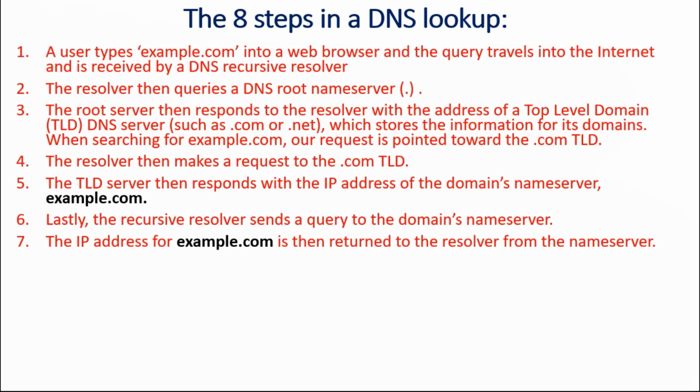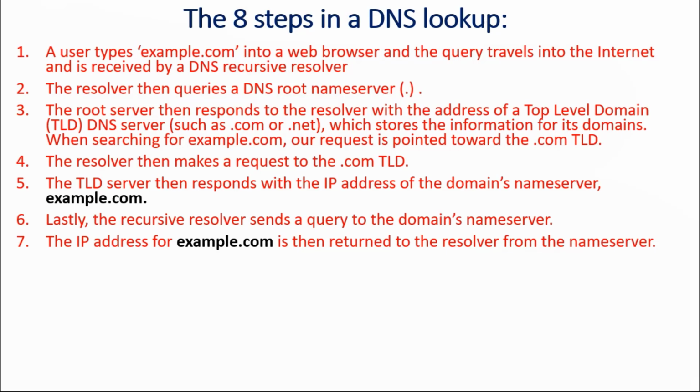The top level domain stores information for its domains. So when searching for example.com, our request is pointed towards .com, and .com will provide the IP address of the example domain's name server.